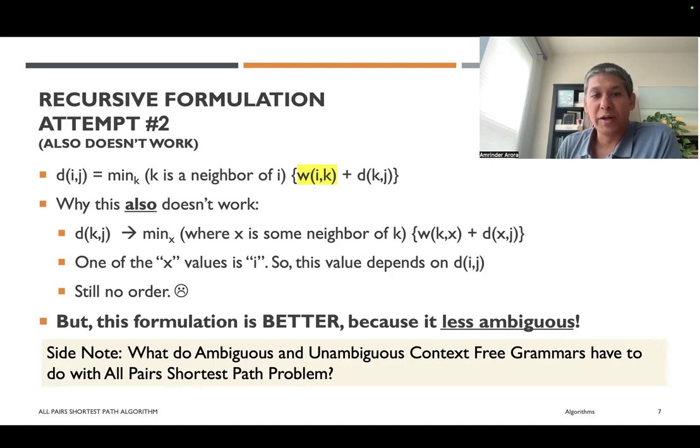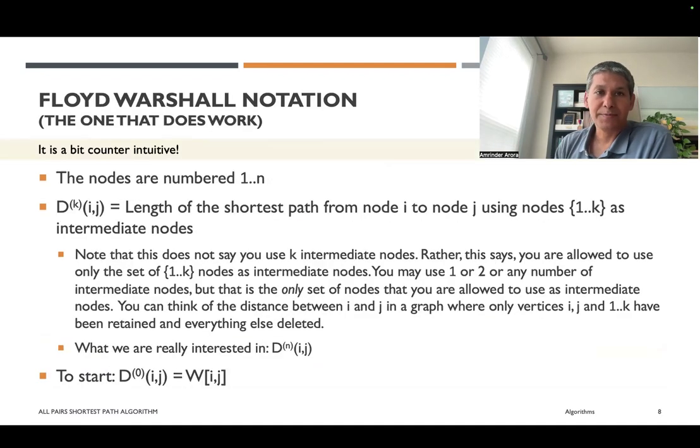We term it ambiguous in a similar sense to how we say there are ambiguous context-free grammars. Essentially, the parse tree can have more than one parsing path. So again, that's a related concept. Look out for a separate video on that. But for the purpose of this particular video, this recursive formulation, attempt number 2, also doesn't work. So what works?